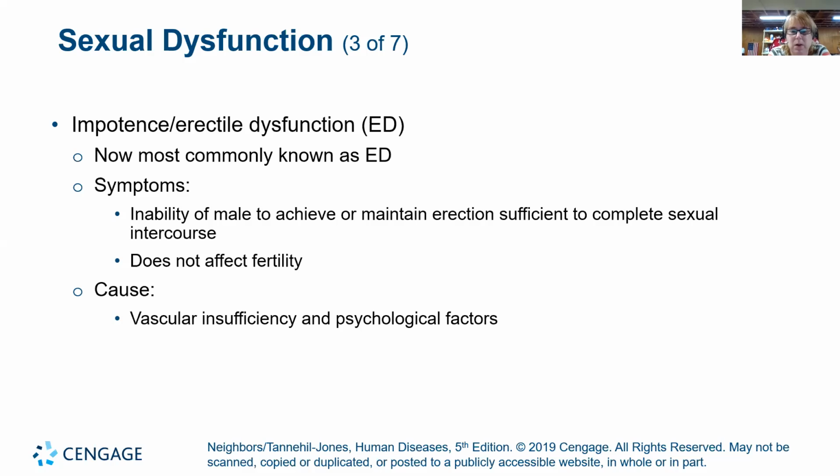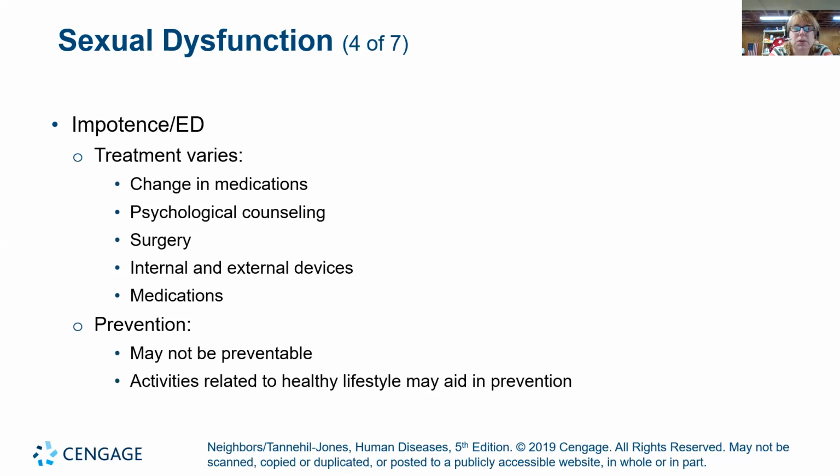It can also be caused by psychological factors, something that happened to them or something that someone said to them at some point. It can be caused by a change in medication. A lot of times they can be given a medication for another problem within the body, and impotence can be a side effect of that.